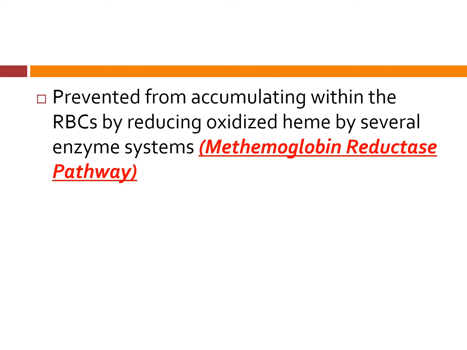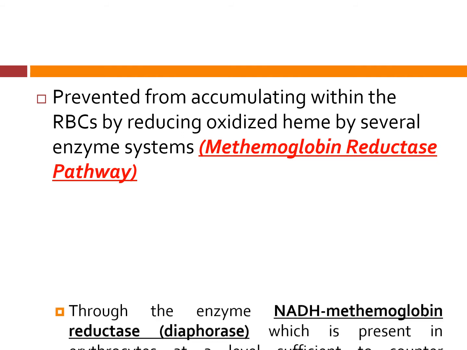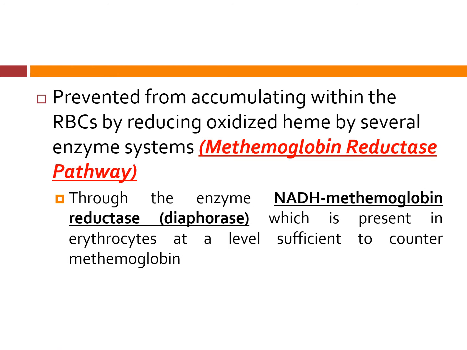By the way, methemoglobin reductase is the enzyme that allows our ferric form of iron to be reduced back to the ferrous form. The other name for this is diaphorase enzyme.